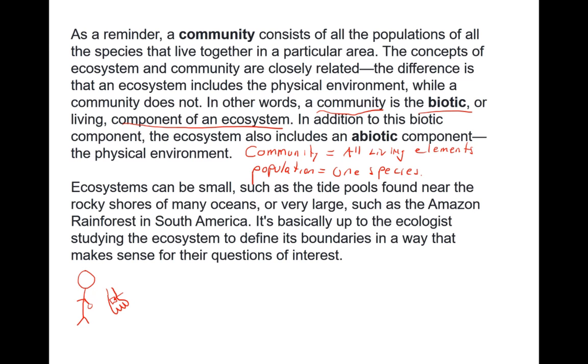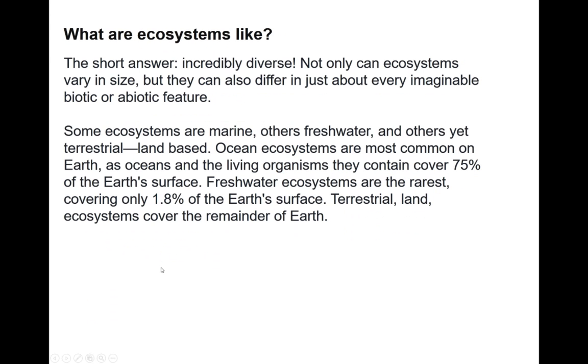So an ecosystem could be very large, or it could be very small.